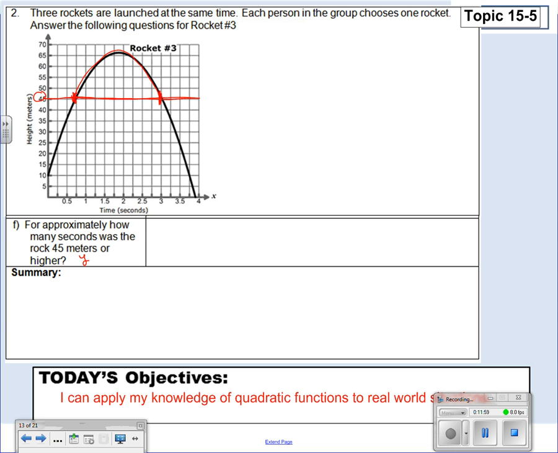How many seconds is that? We're going from 0.75 seconds to 3 seconds. To figure out how many seconds that is, we'll do 3 seconds minus 0.75, and that gives us 2.25 seconds.